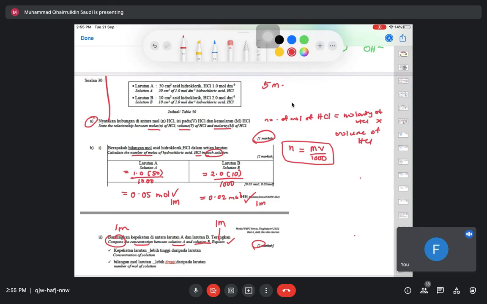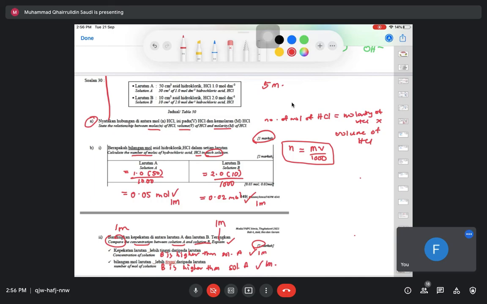B. Concentration of solution B is higher than solution A. This is 1 mark. Why? Kenapa concentration dia is higher? Because the number of mole. Jap. Dia saya tengok balik. Yes. Because the number of mole of solution B is higher than solution A. Another 1 mark. So 2 marks there.